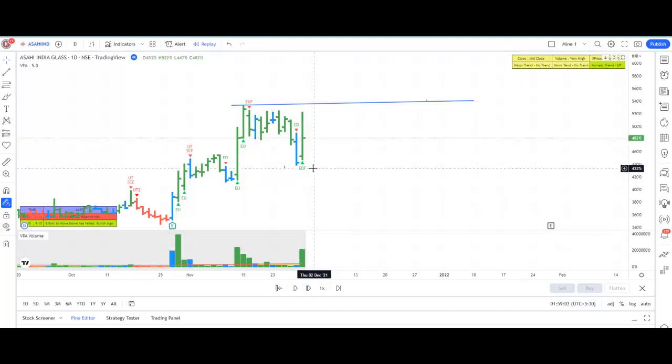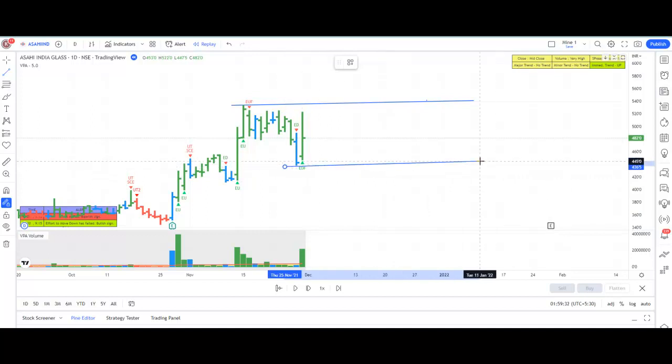Here you have an EDF bar, that is, the effort to move down has failed. The weakness portrayed by this ED bar has been negated by this EDF bar. But here you can see there has been a lot of supply as well, as the bar closed near the middle. So here again I will draw a line at the low of the ED bar here.